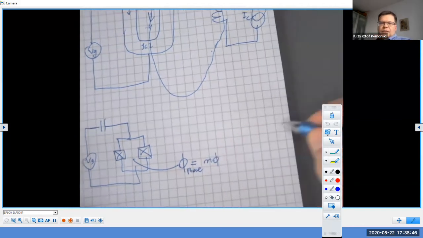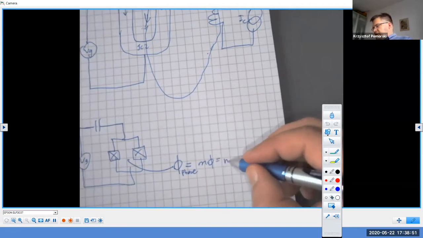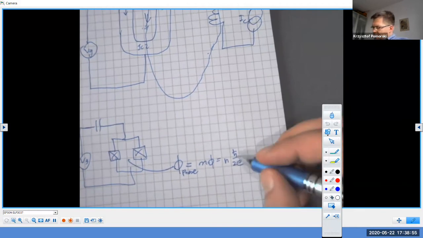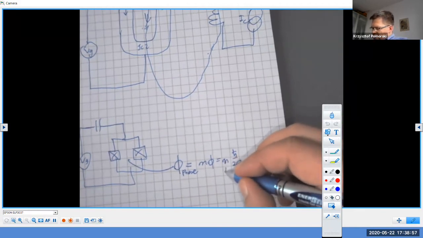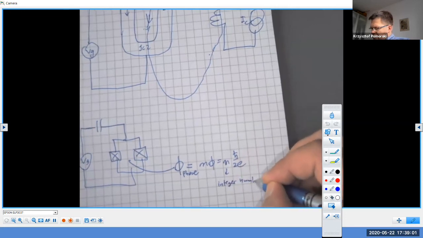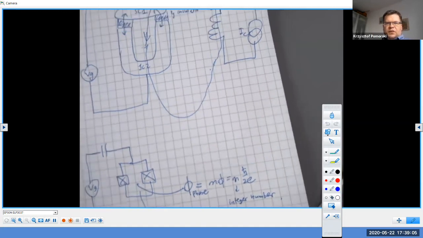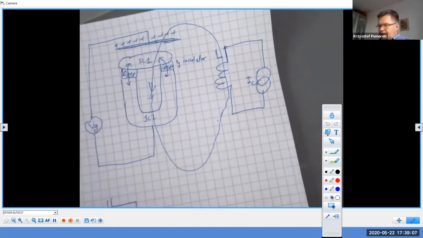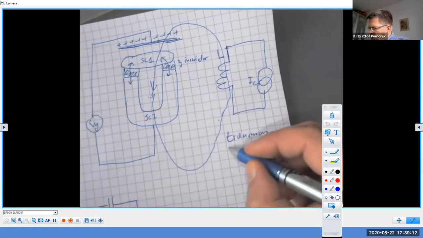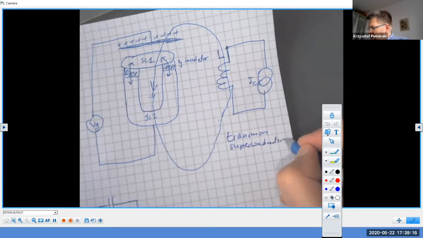There is an integer number of magnetic flux quanta, h over 2e, and here it's an integer number. And this is nothing else than a transmon superconducting qubit.